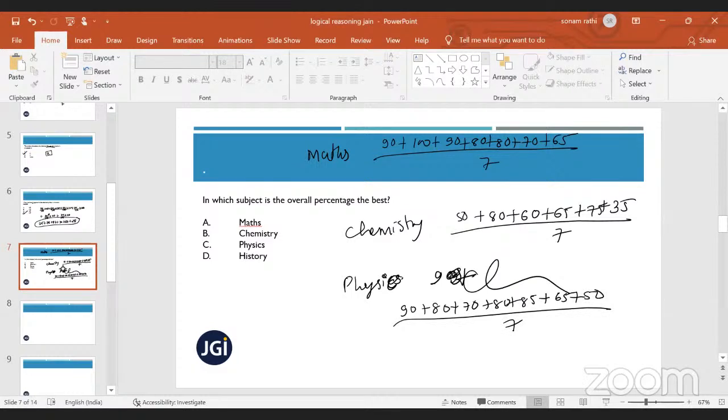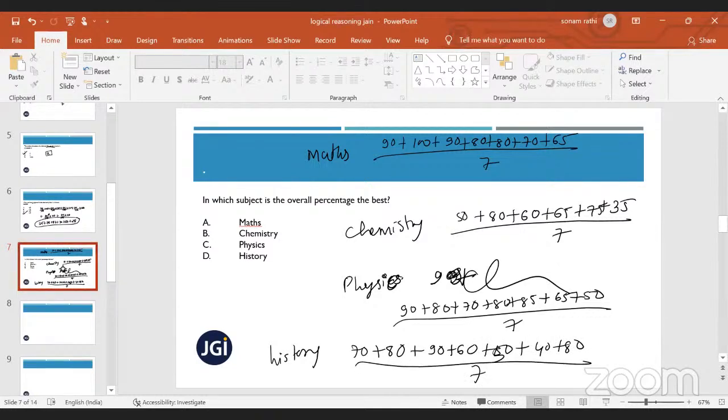And history: 70 plus 80 plus 90 plus 60 plus 50 plus 40 plus 80 divided by 7.